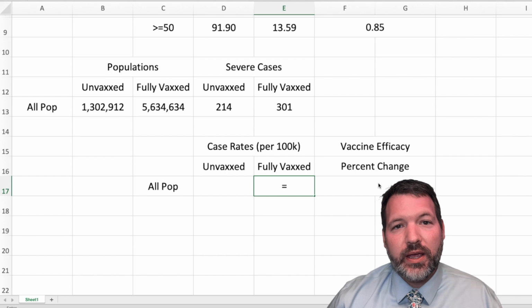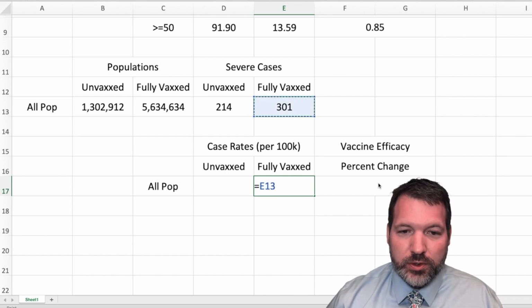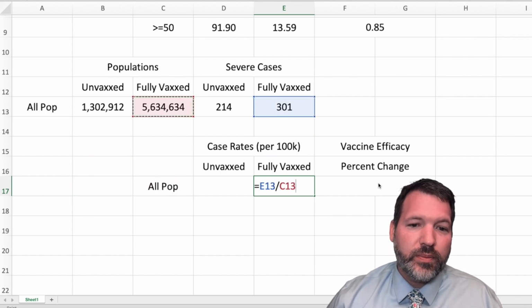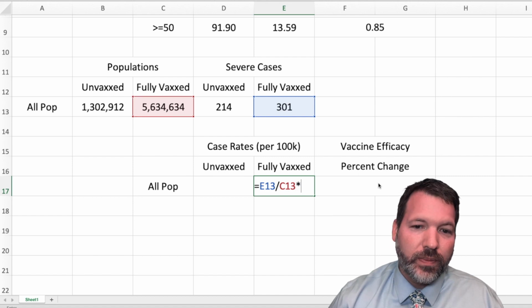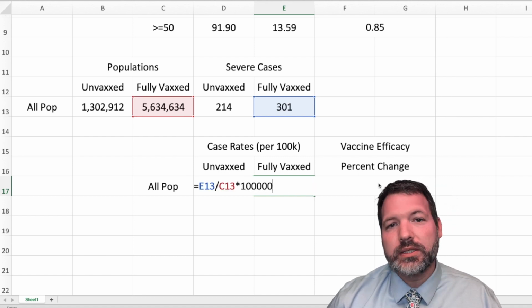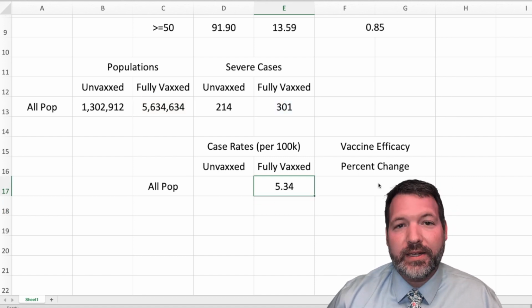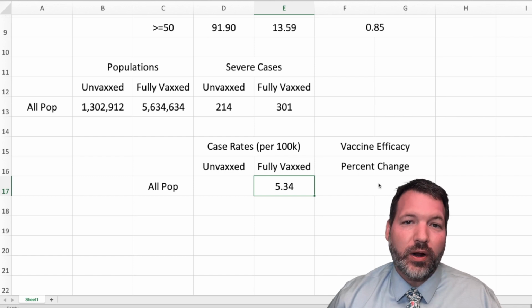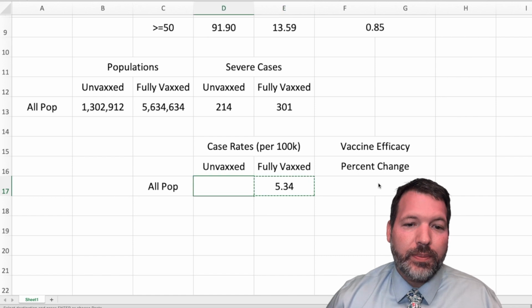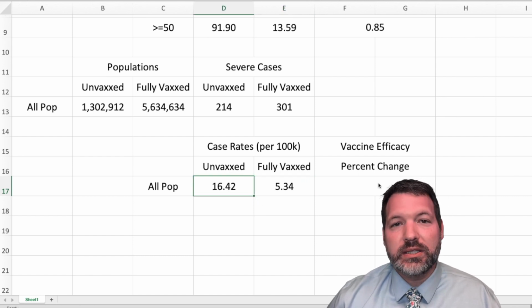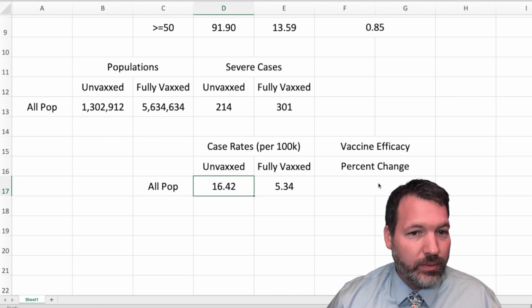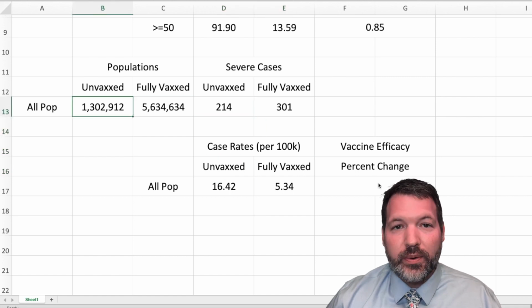So there it is. I've got some new rows and columns here where I can chart this information. Fully vaccinated cases per 100,000. Let's take those 301 cases, divide by the fully vaccinated population, and again, just to keep the numbers nice, multiply by 100,000. That's your 5.34 cases per 100,000 people among the fully vaccinated population. Copy that over. Excel is amazing. 16.42 cases, same calculation, 214 divided by 1.3 million times 100,000 people.